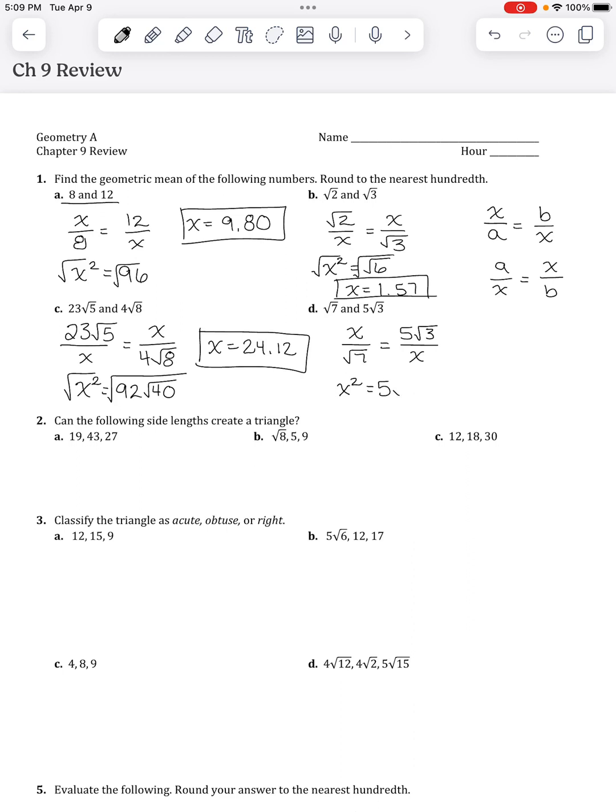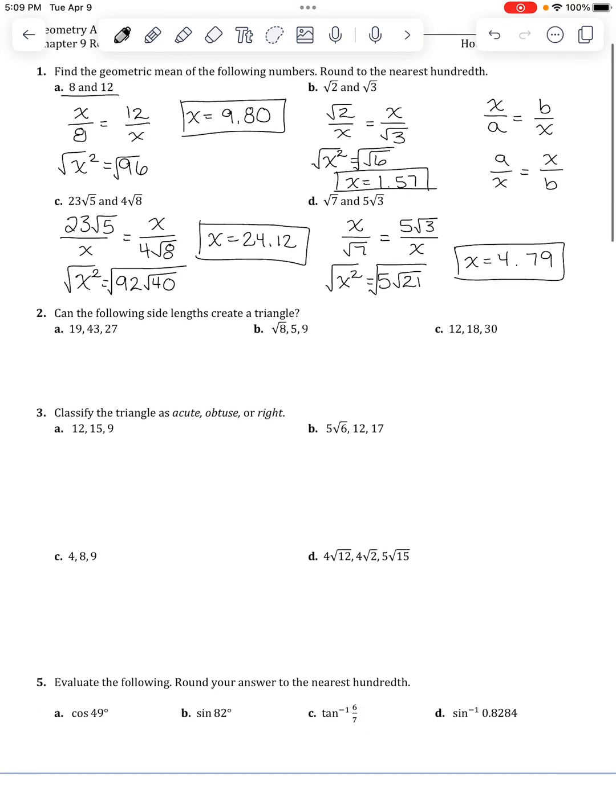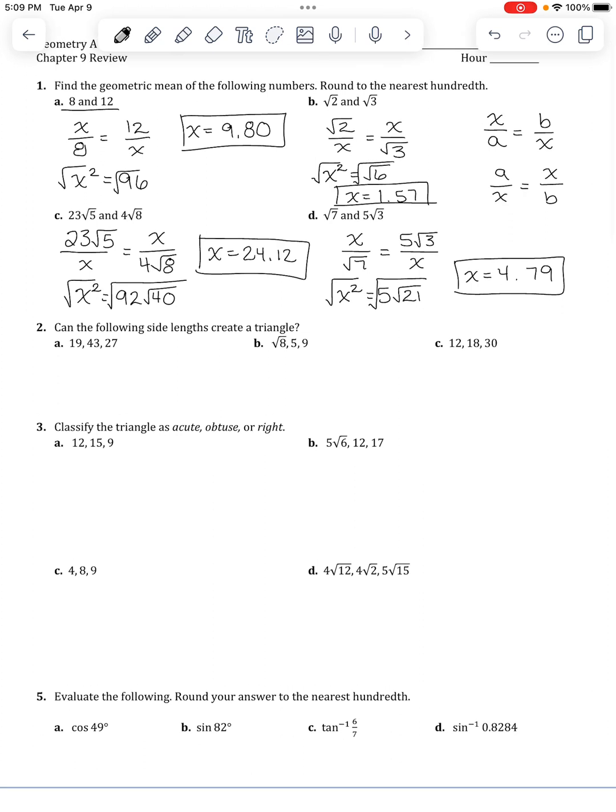X times x is x squared. 5 square roots of 3 times 7 is 5 square roots of 21. Because remember, numbers outside of square roots multiply with numbers outside, inside with inside. Square root of 5 square roots of 21 is 4.79 when rounded correctly.